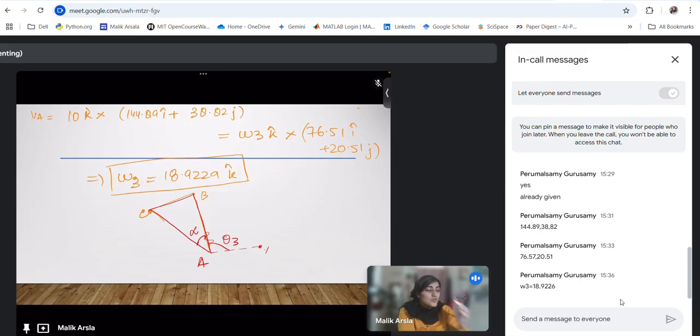Then we can use the cos: AC into cos of this whole angle will be the x coordinate. So we will find out the RAC.